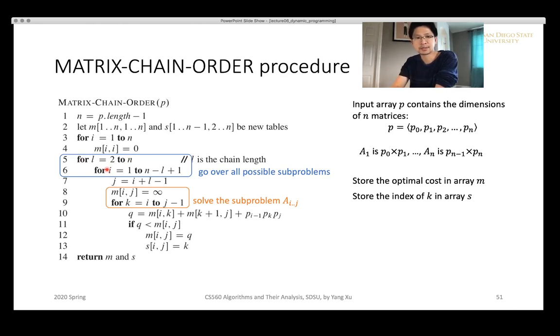And we must solve the smallest subproblem first, okay? Because the bigger ones rely on the smaller ones.